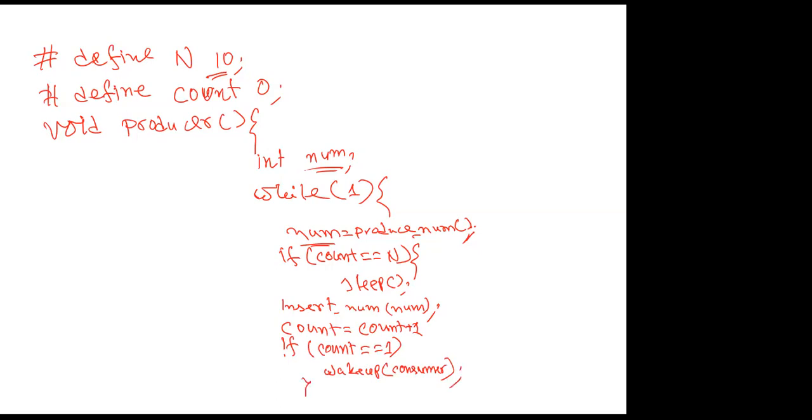Now this is the producer function. Let me write the consumer function as well. Void consumer. What it will do, it is also a number, and also this is an infinite while loop.